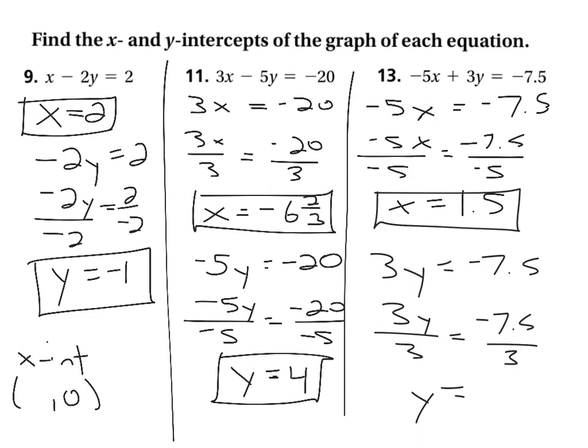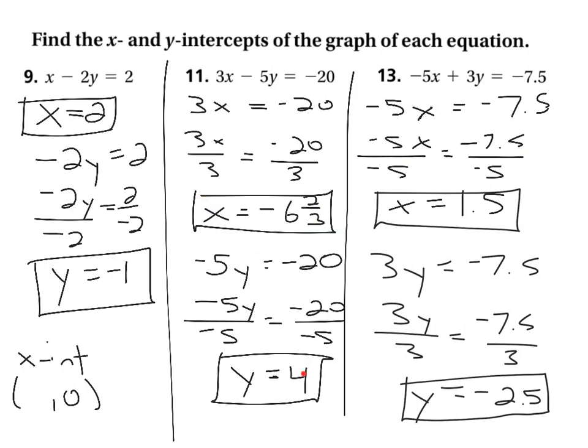I happen to know that 3 times 2.5 gives us 7.5. So 3 times negative 2.5 gives us negative 7.5. So when we divide negative 7.5 by 3, we get negative 2.5. So we've got the x-intercept at 2, the y-intercept at negative 1.